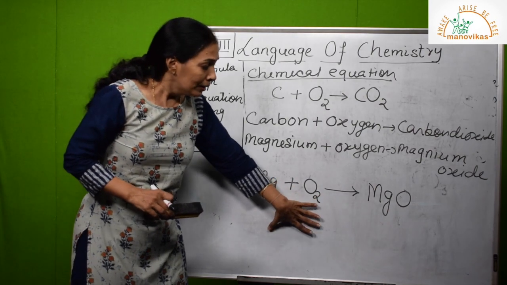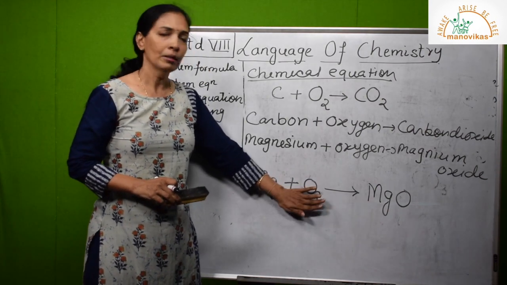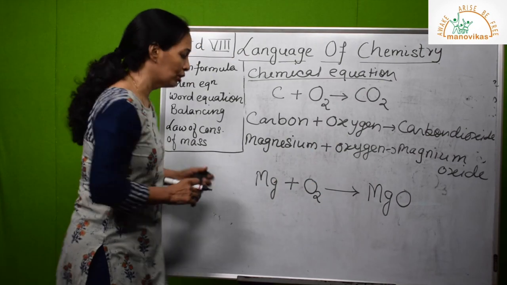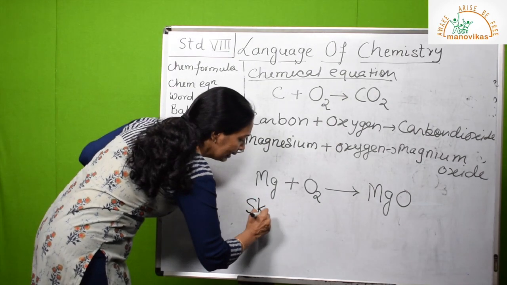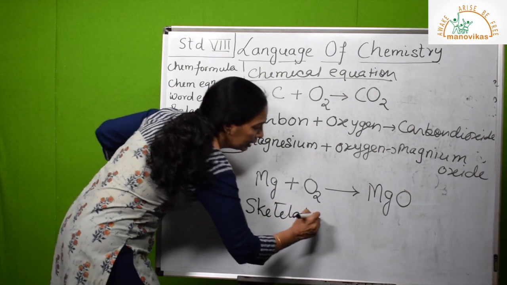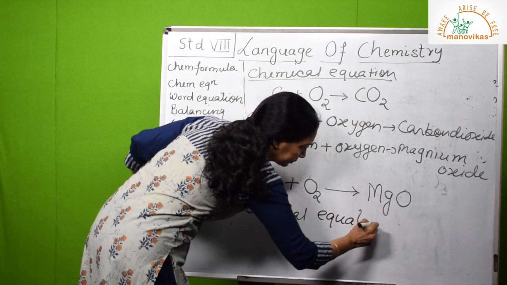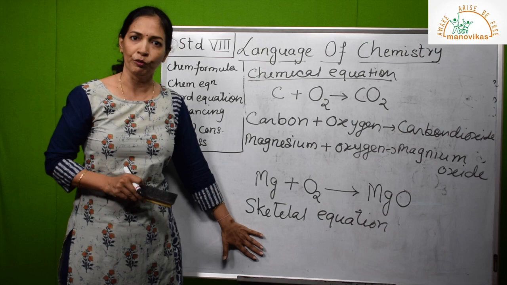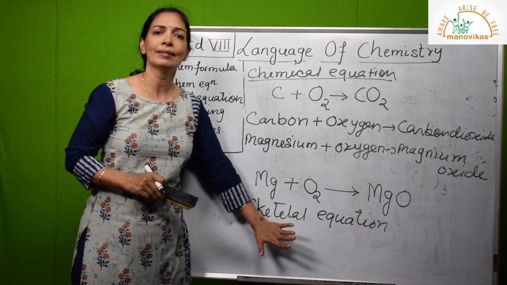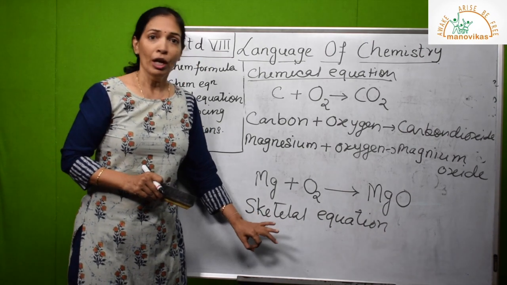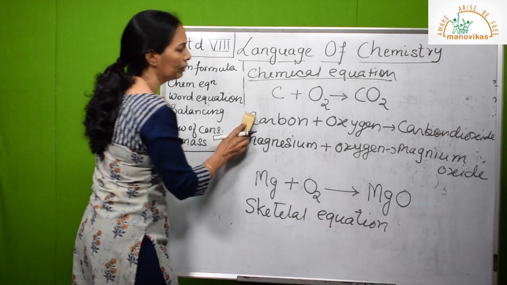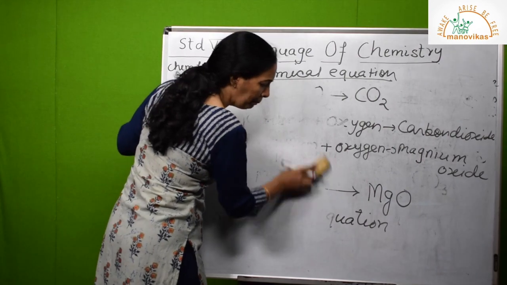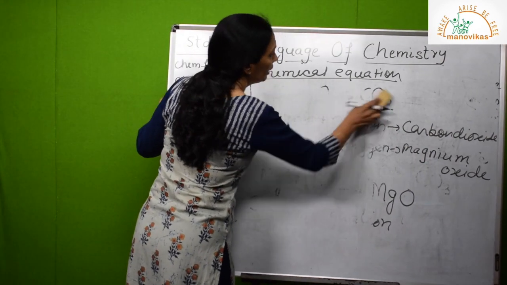So this kind of equation which is written but not balanced, a basic equation, is known as a skeletal equation. So when you get a word equation, first write the skeletal equation. Then you need to balance this equation. Okay. So now next we will see how to balance a chemical equation. The balancing of a chemical equation, if you go step by step, is very easy.